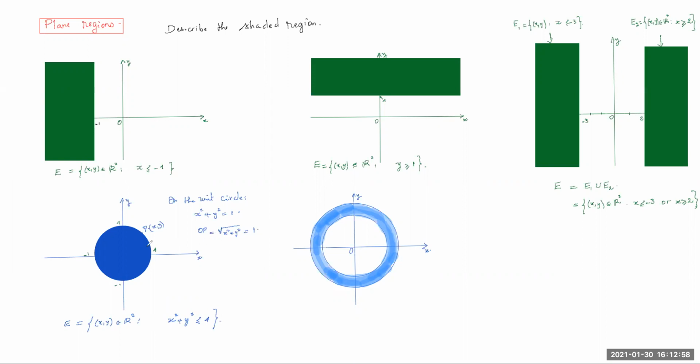I'm looking at all the points inside, so I have the square root less than or equal to 1 to be inside. I include all the points. So here is a description using the unit circle, the equation of a circle, and then the concept of distance. So we are able to describe this set.